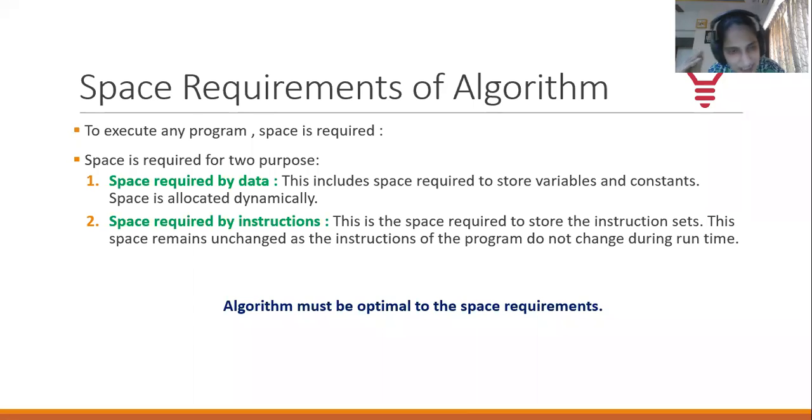The point here is that when we want to execute any program, we will be in need of space. When we say space analysis of an algorithm, or space requirements of an algorithm, we are trying to say that an algorithm should be designed in such a way that the space requirements are optimal. It shouldn't happen that the instructions are written in such a way that when we try to code them, they take an ample amount of space.